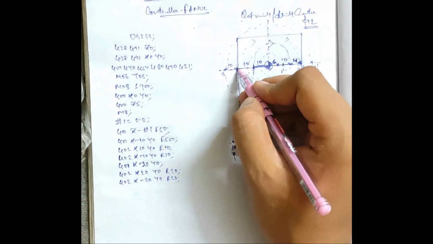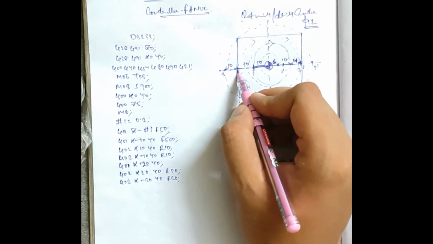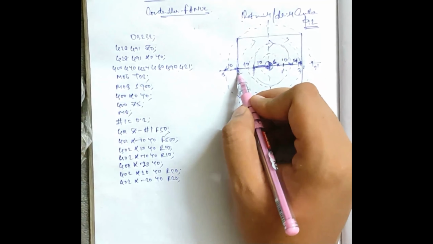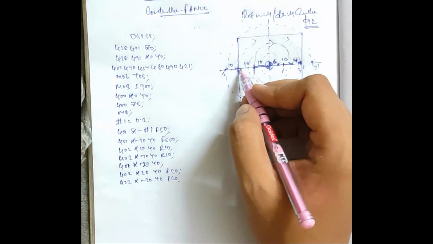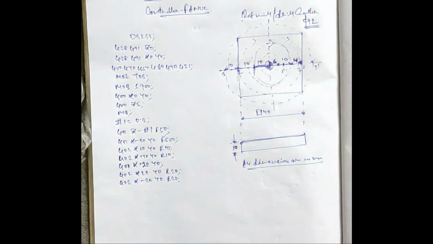You have to complete the full circle. You start from point number 2 and you have to end at point number 2, so that you can complete a full circle.